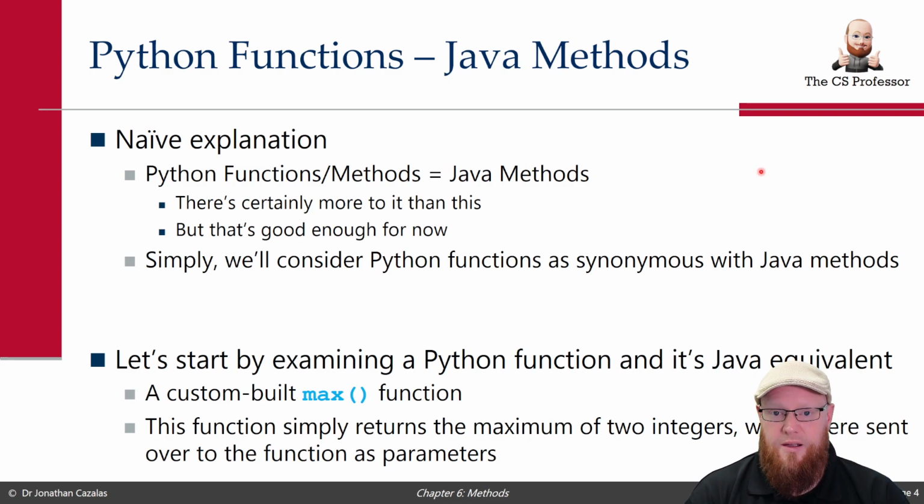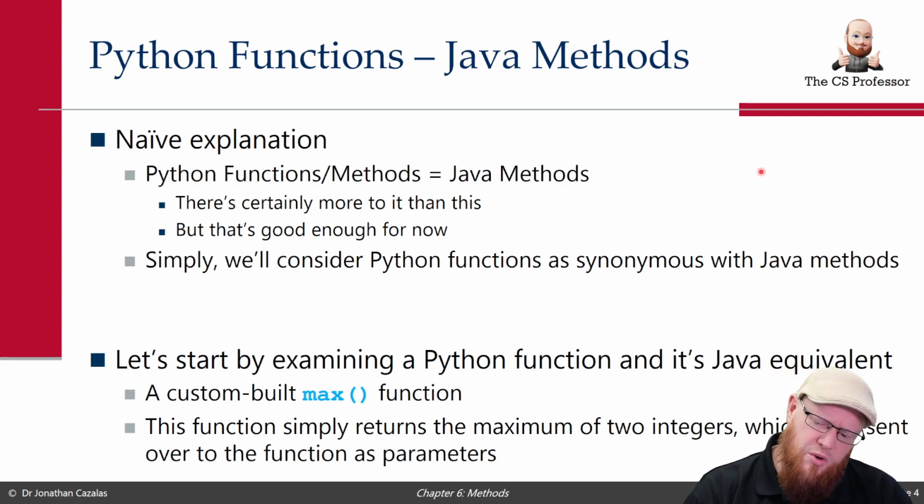So let's start by examining a very basic Python function, a super easy one. But the value there is that if we can remember our Python and really understand the anatomy of this Python function, that will help us subsequently understand the Java methods for this exact same function. So here we have this custom-built max function.